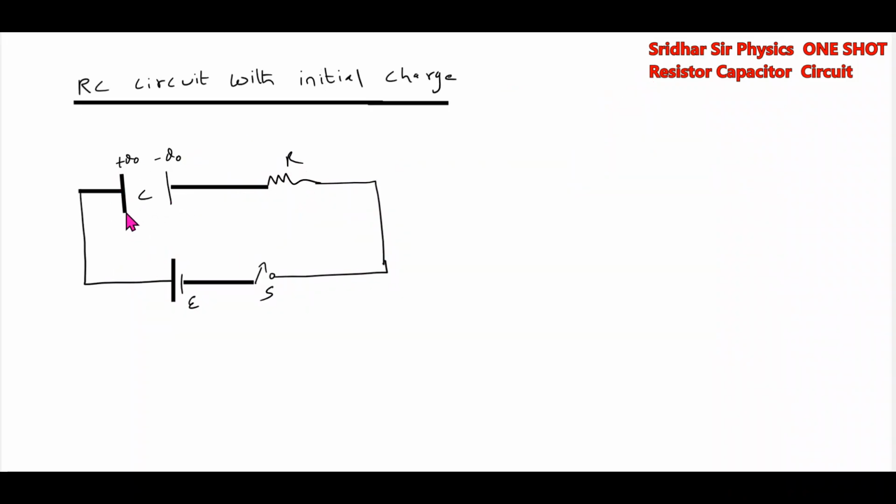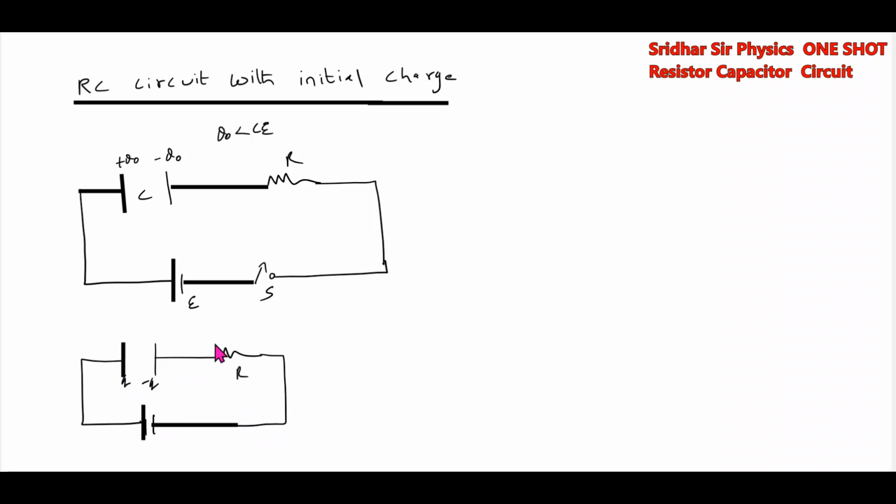Next, we have a capacitor with initial charge, where the condition given is Q0 less than CE. At any instant of time, let the charge across the capacitor be Q and let the current be I. Then writing KVL, E minus Q by C minus IR equals 0, where I equals dQ by dt.